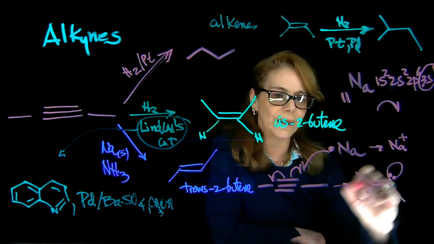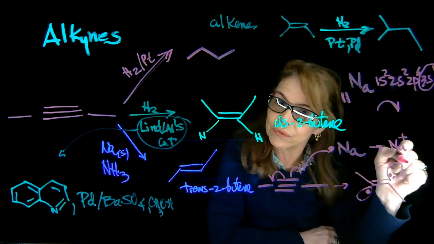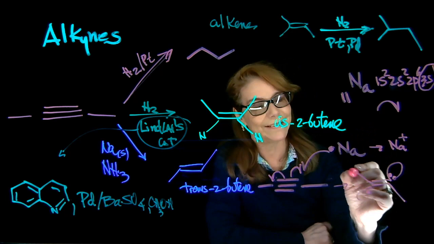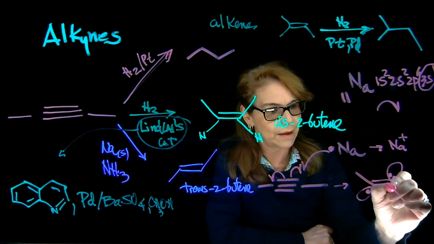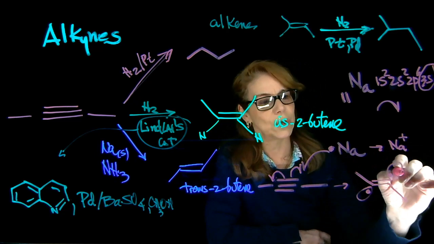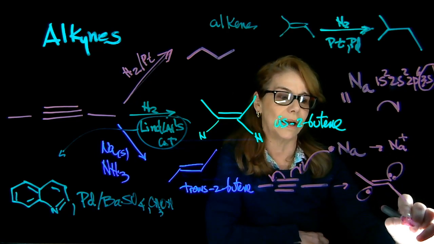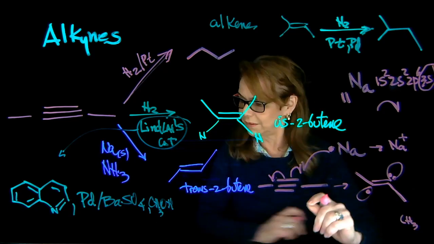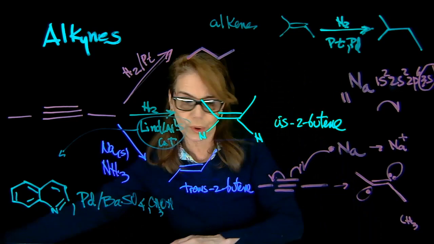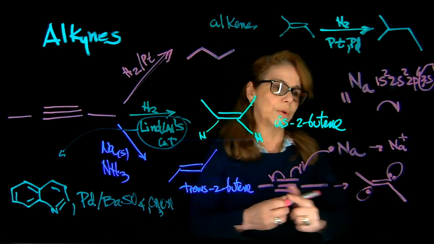Now they are far away. And that's better than having them close together, lower energy. And that already dictates that the product is trans. In the next step, what you do is an acid-base reaction. When you have an anion, and the solvent is ammonia, what you have is a proton transfer.